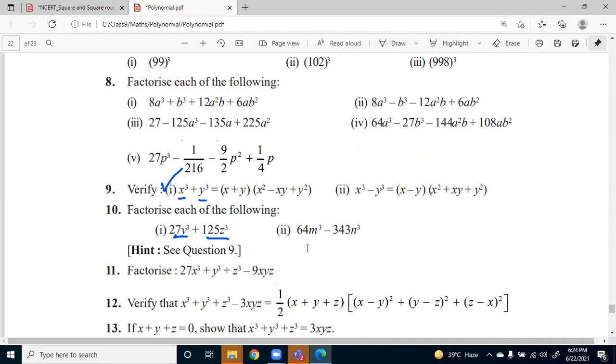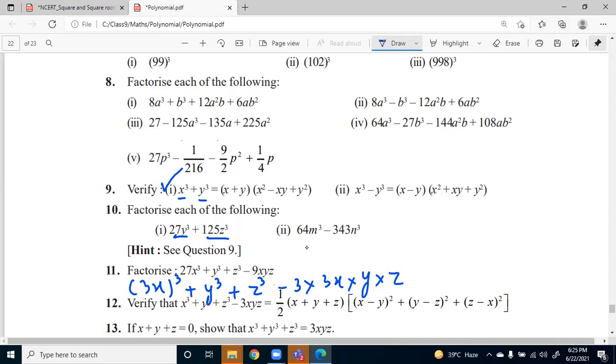Like if I write the first term, first term is 3x cube, that is making 27x cube, plus y cube, that is again a cubic number, then z cube, minus 3 into x. So what is x in my case? That is 3x. What is y in this question? It is y. And what is z in this question? That is z. So 3 3s are 9. So that is making minus xyz.